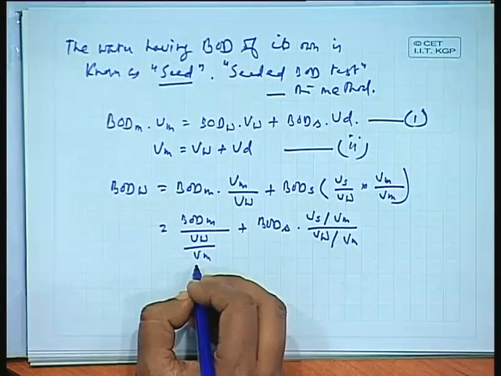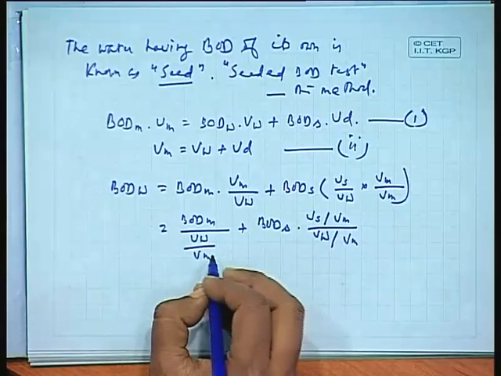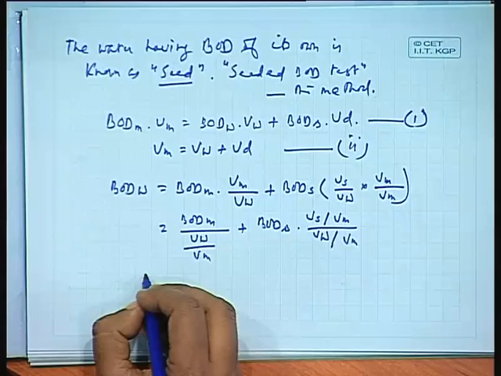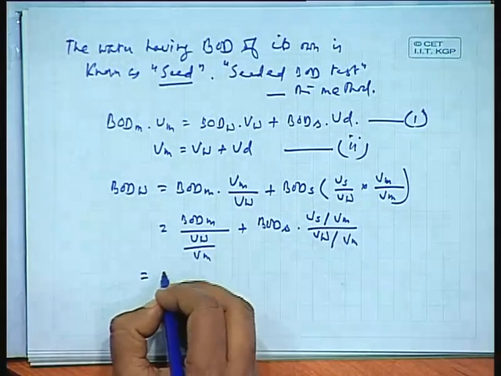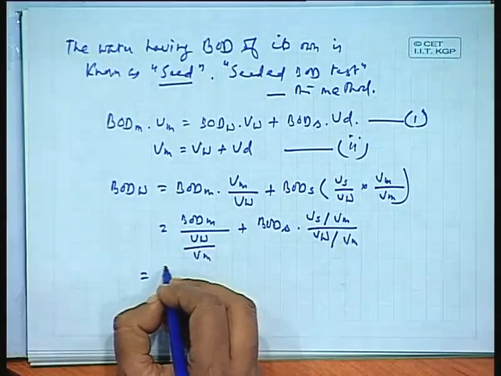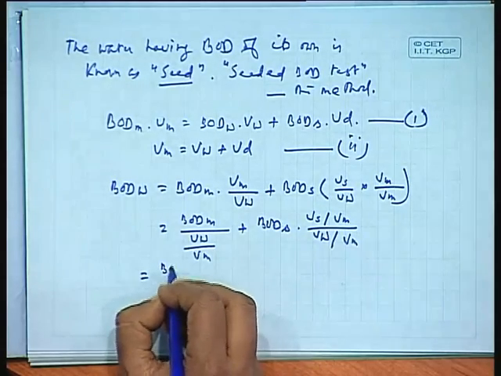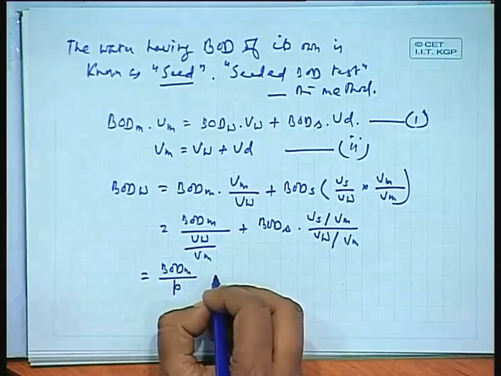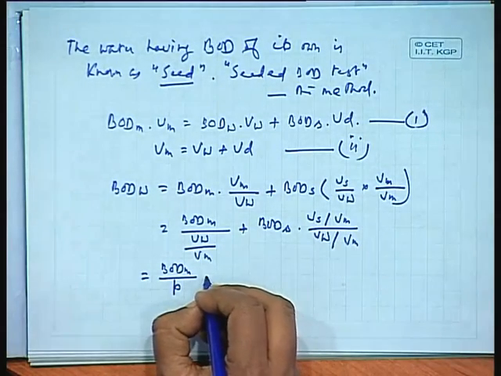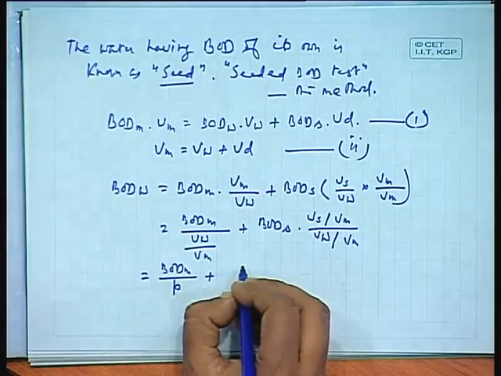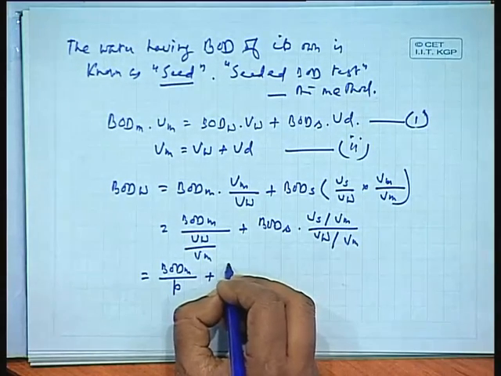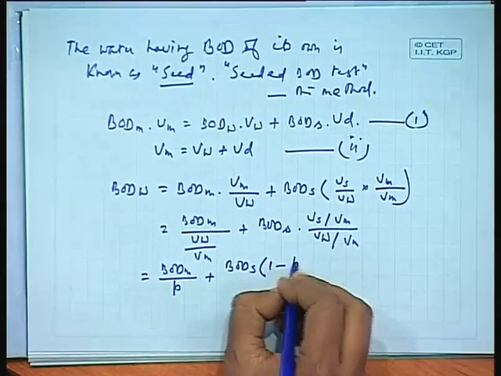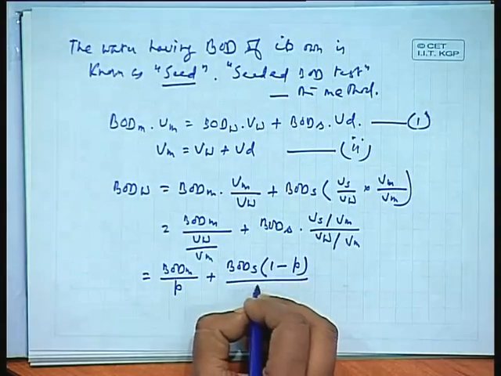Substituting the definitions of P, that is the wastewater divided by the mixture, this is BODm by P, where P is what we did in the mixing ratio, minus BODs times 1 minus P divided by P.